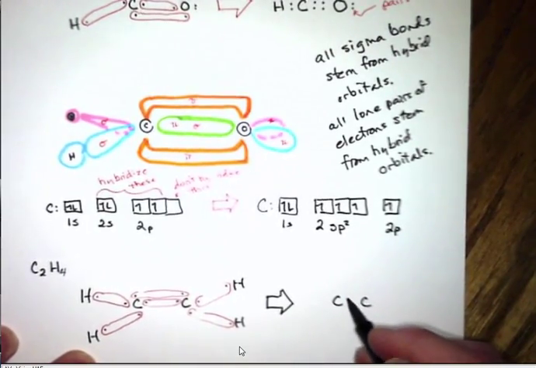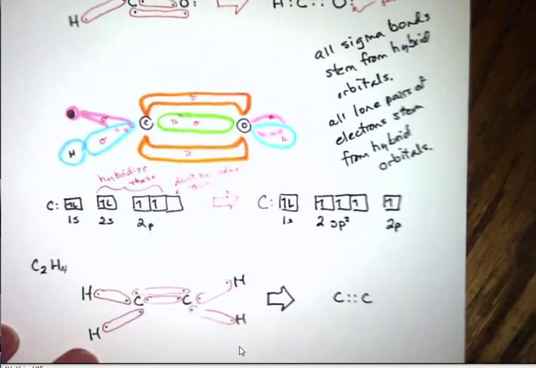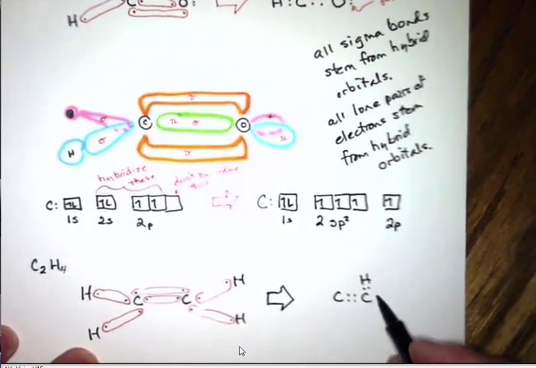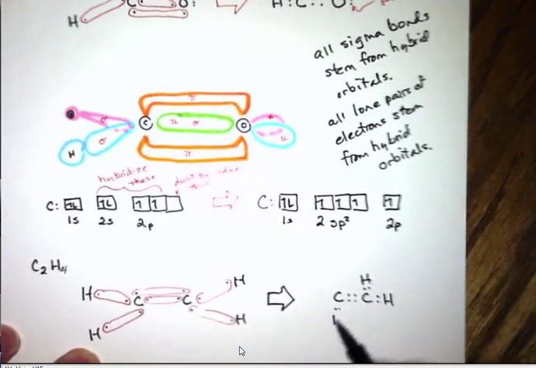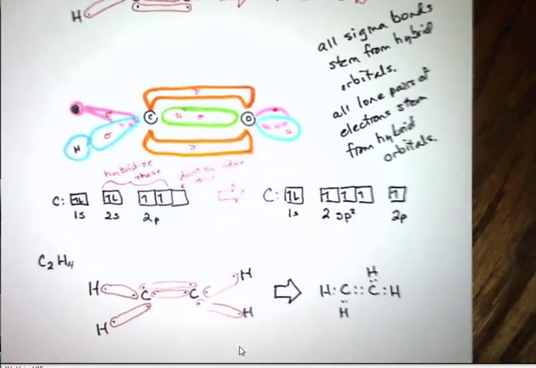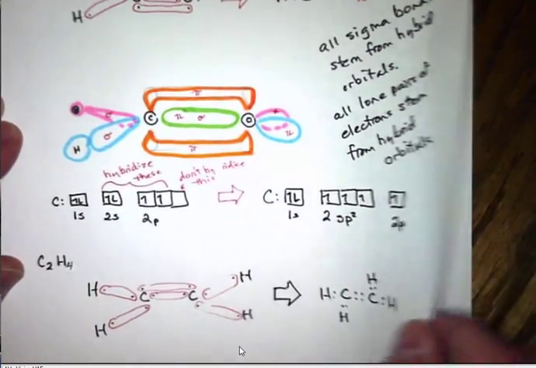So between the 2 carbons, I've got a double set of electrons, okay? And then I'm sharing 2 electrons with this hydrogen, 2 with this one, 2 with this one, and 2 with that one. So that's our Lewis dot formula then, okay? Now let's take a look at what the 3-dimensional shape is going to be.